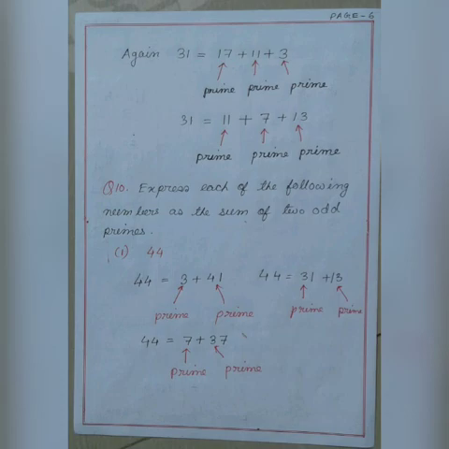Again, I can write 31 equal to 11 plus 7 plus 13. 11, 7 and 13, all three numbers are prime numbers. So you have to check the numbers.